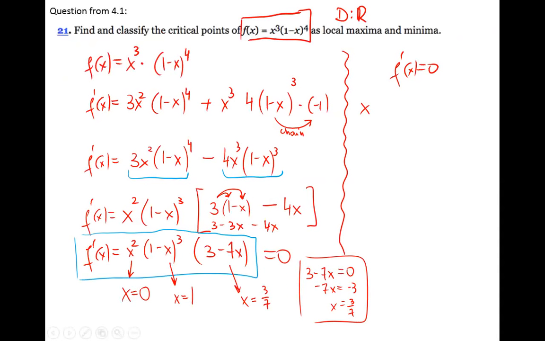We still don't know minimum or maximum, but at which of those, 0, 1, or 3 over 7, will not give me a local extreme value? Yes, 0. Thank you, Ryan. At 0, the first derivative will not change sign, because it came from the square of the multiple.